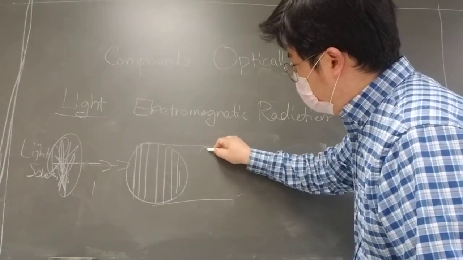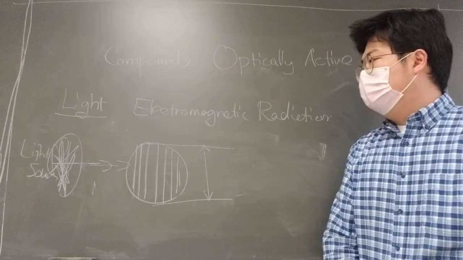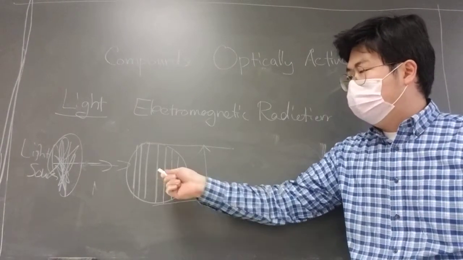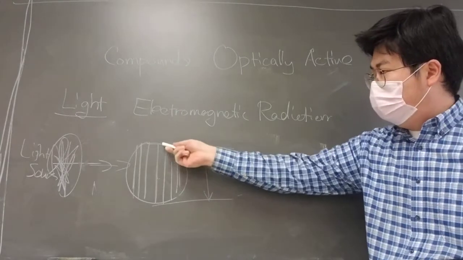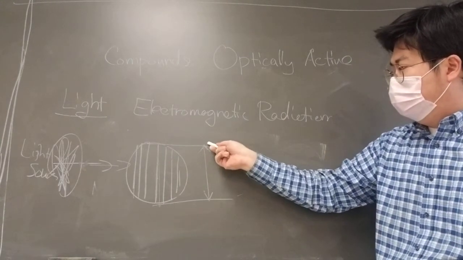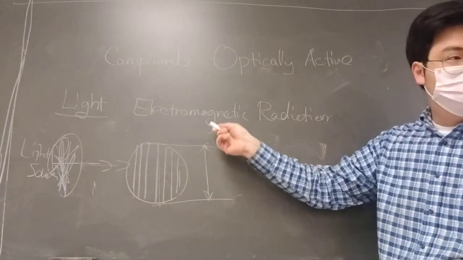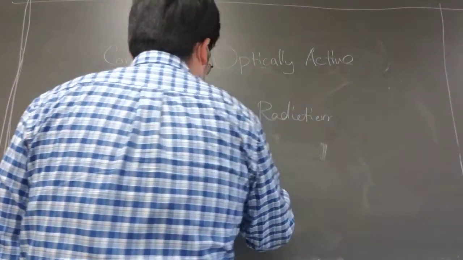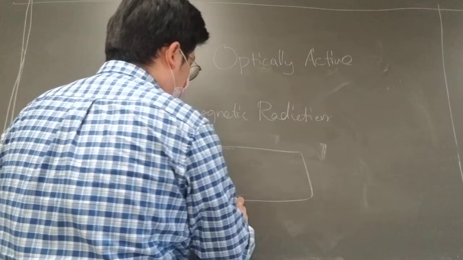But the light that passes through this polarizer oscillates this way, up and down, or you can say 180 degrees up and down. And then you're going to put it through the sample.